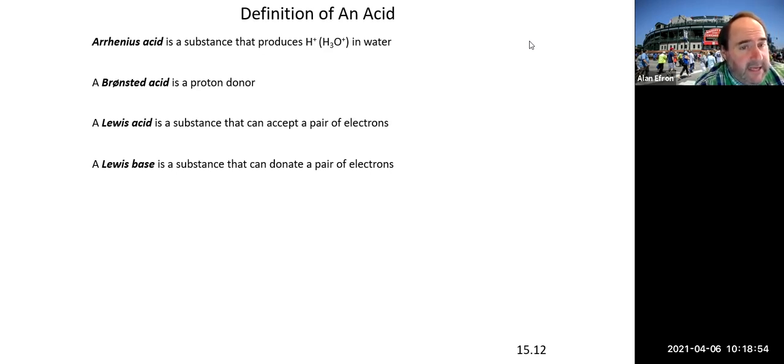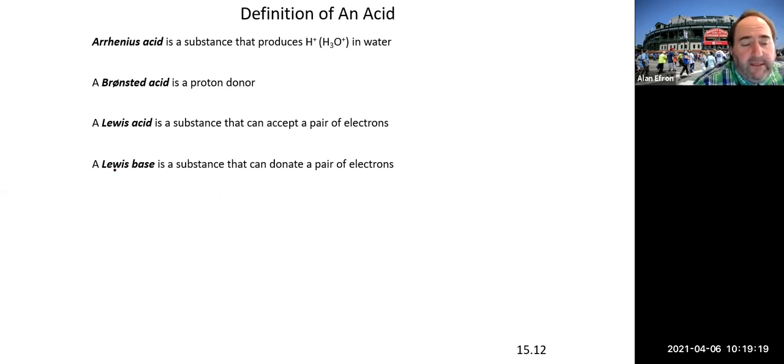So a Lewis acid is a substance that can accept a pair of electrons. It's sort of opposite of Bronsted, where we talk about an acid donating; a Lewis acid is accepting, and it's accepting electrons versus protons in this case. A Lewis base is something that can donate a pair of electrons.